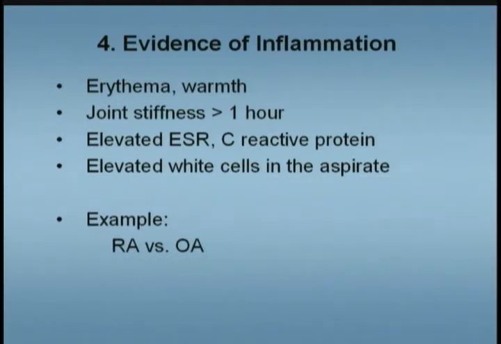So look for that. And then they may also ask, can we show the inflammation from the aspirate? The answer is yes. If you do an arthrocentesis, we don't always have to do it, but if we do, we will see evidence of inflammation in the white cells from the aspirate.